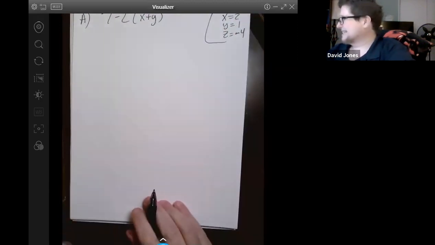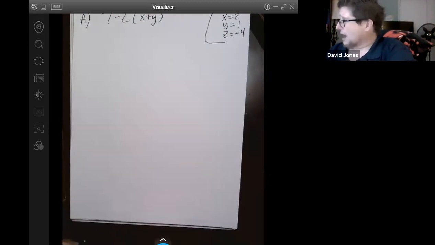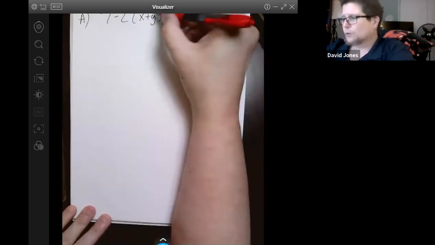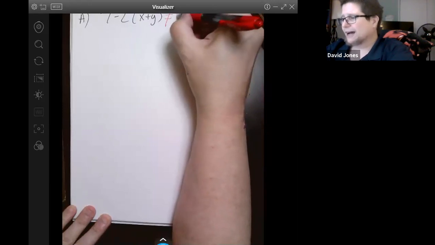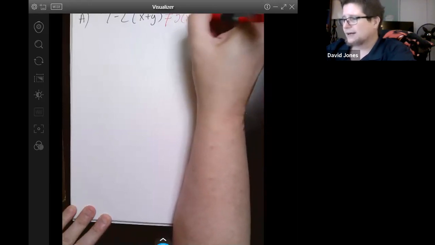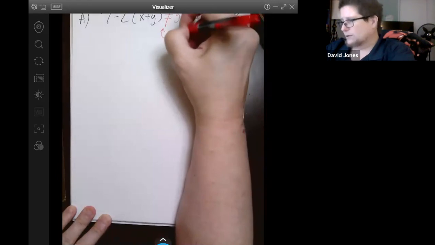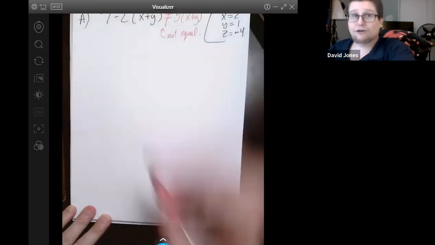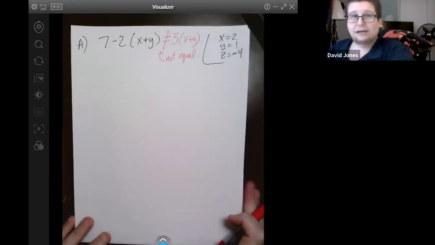I don't have any z's here. I very much want to point out this does not equal 7 minus 2, 5, x plus y. This symbol is not equal. Do not do this operation out front first. Do not do that first. Okay?